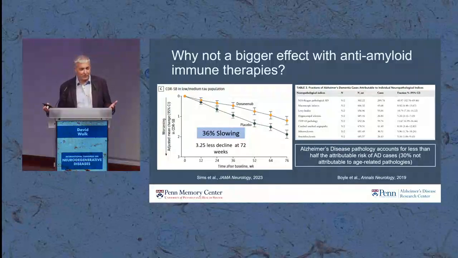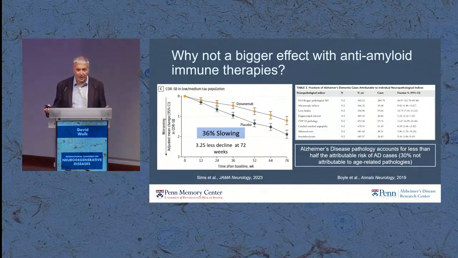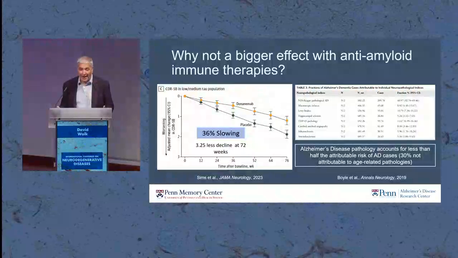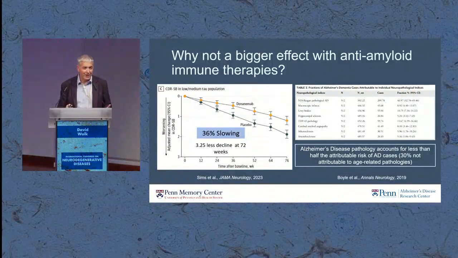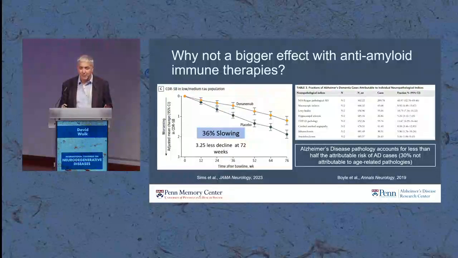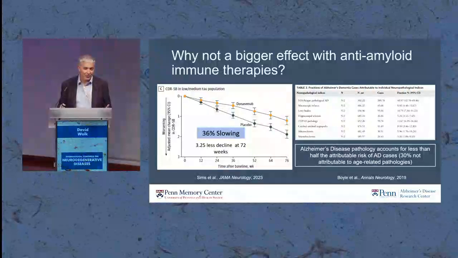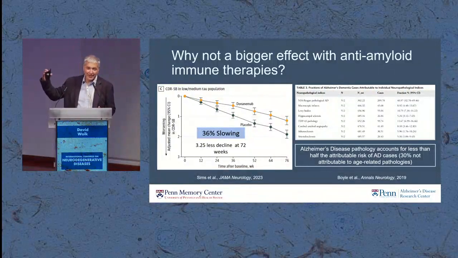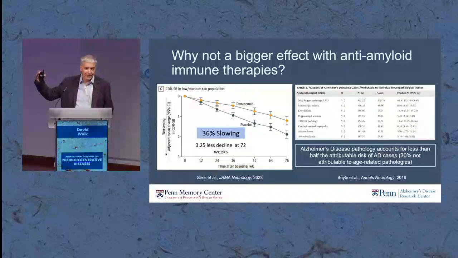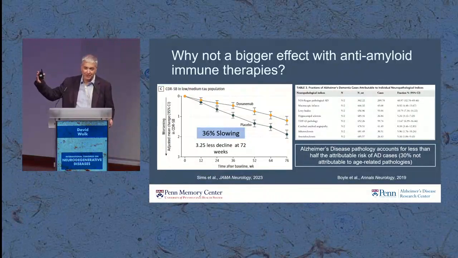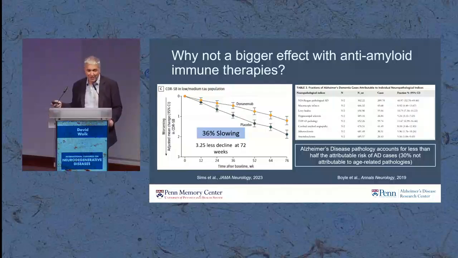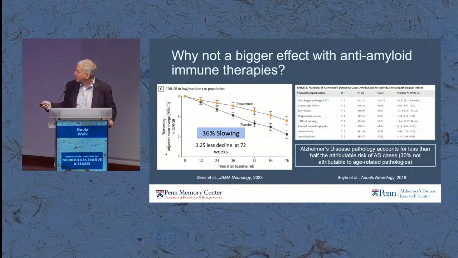And then there was an unexplained proportion as well. And so perhaps, if you give a drug that's only targeting amyloid, only targeting one of the main disease states that someone is in, it's possible that there's a ceiling to how well any drug could work in this context. Maybe the best it could work is 50, 60% slowing, and maybe we're almost there, actually, with these drugs.